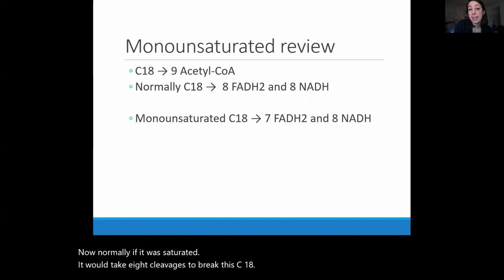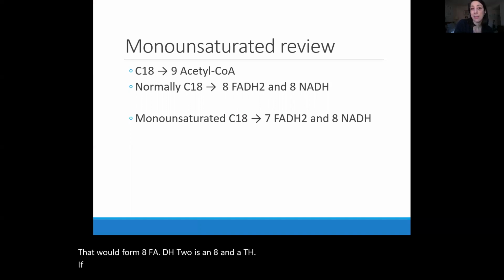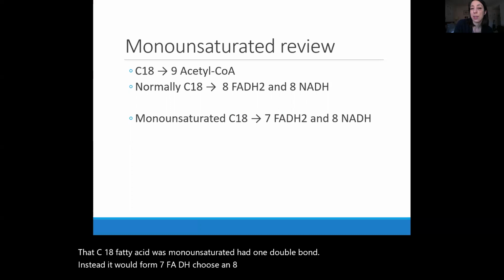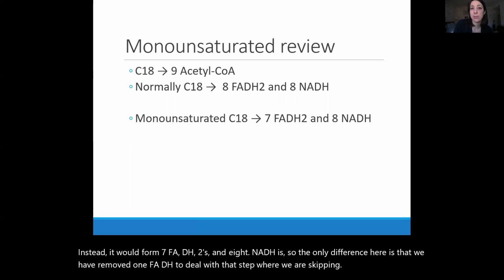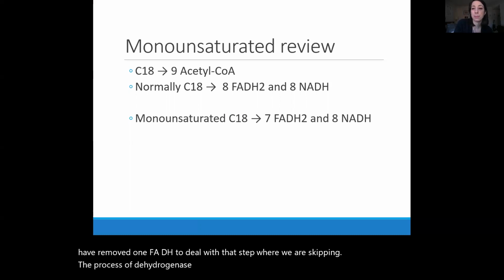That would form 8 FADH2s and 8 NADHs. If that C18 fatty acid was monounsaturated, with one double bond, instead it would form 7 FADH2s and 8 NADHs. So the only difference here is that we have removed one FADH2 to deal with that step where we are skipping the process of dehydrogenating to make a double bond.